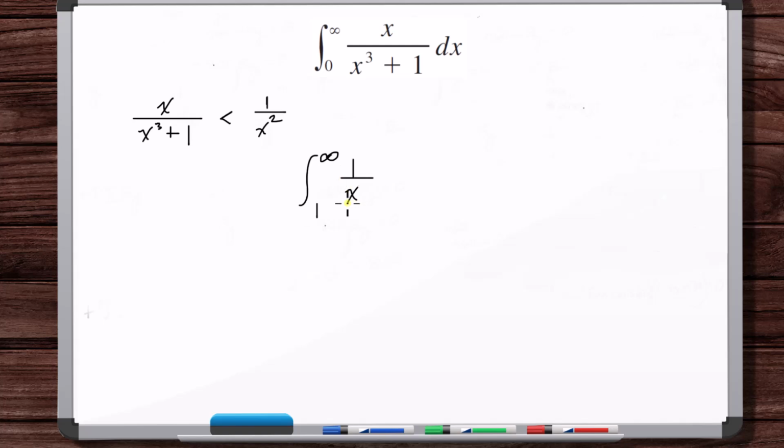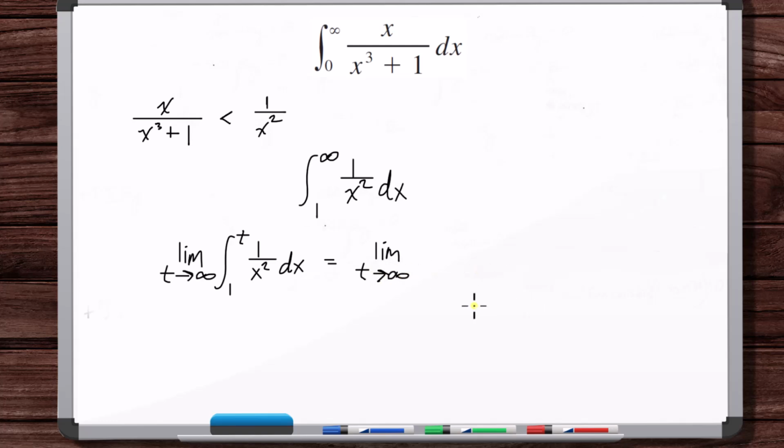is this convergent? Okay, so this is equal to the limit as t approaches infinity of minus 1 over x. Let's take out that minus.